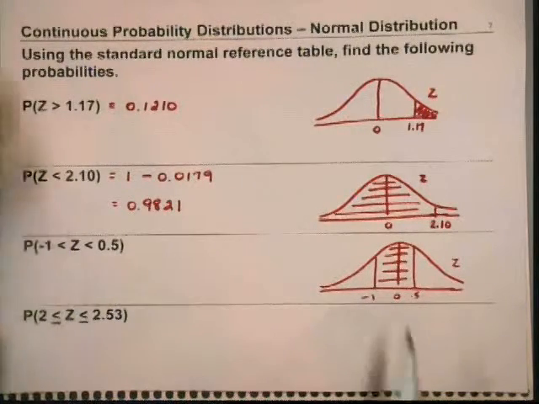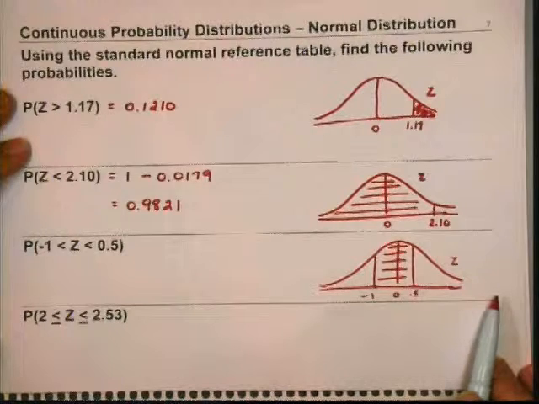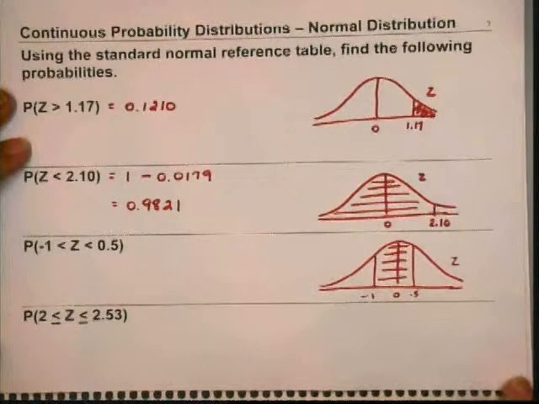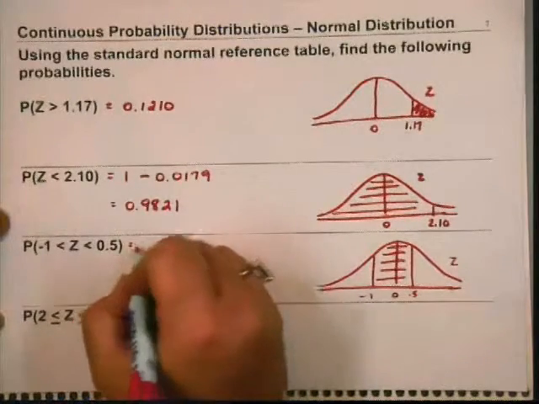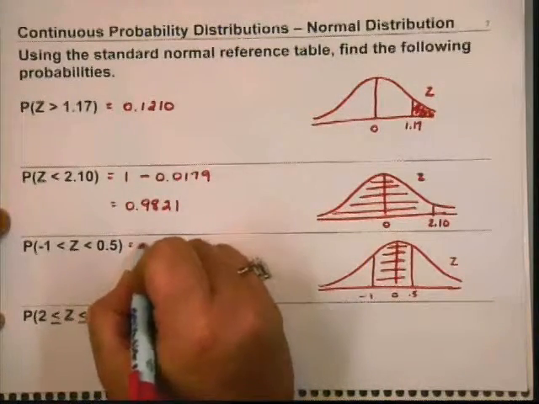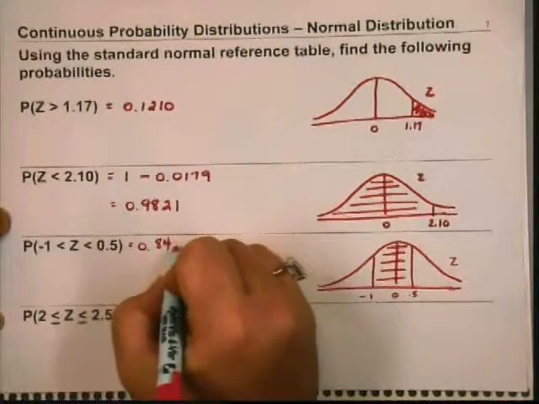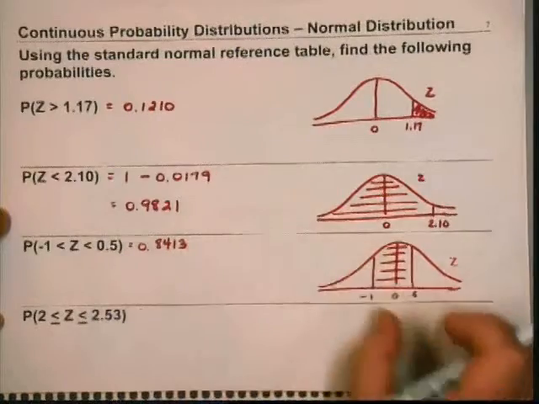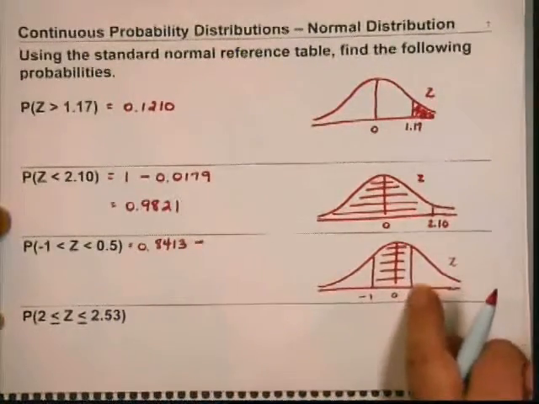The area from -1 and to the right is the bigger piece that the table gives us. So if we look up a z-score of -1, what area do we have for the right-hand area associated with -1? 0.8413.